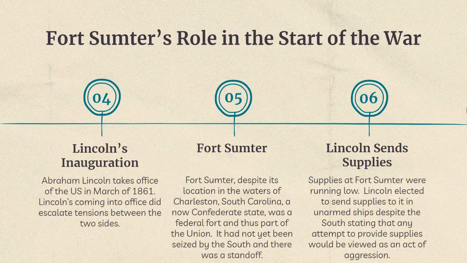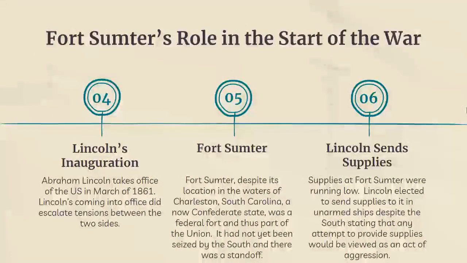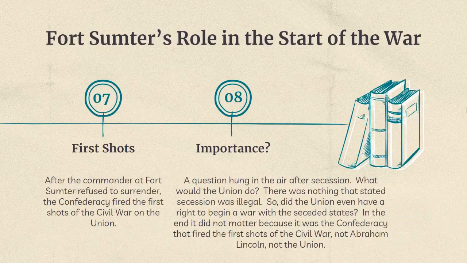And Lincoln, even though the South said, do not do this, otherwise we will consider it an act of aggression, decides to send supplies to the fort. That is a big deal. Because Lincoln sends supplies, the South will fire the first shots of the Civil War. And that's it. The Civil War has begun.